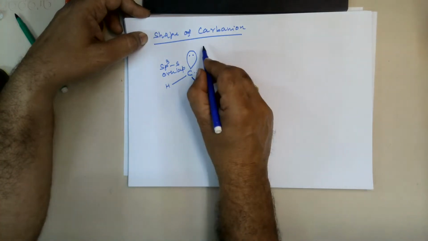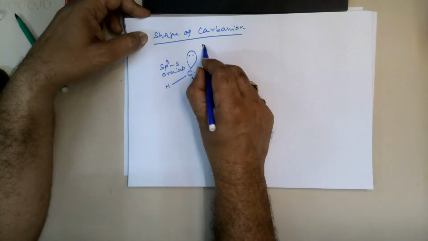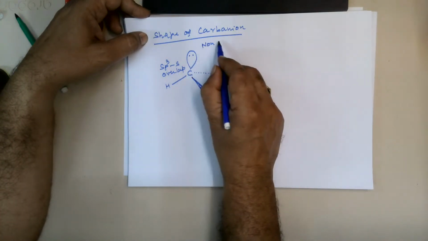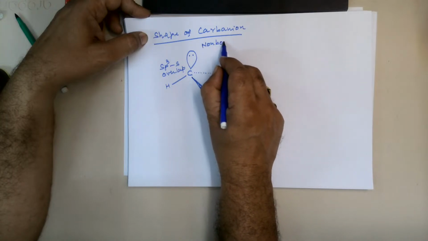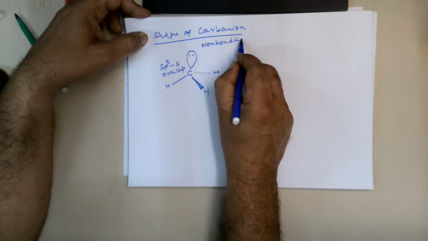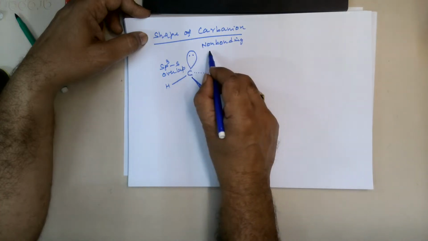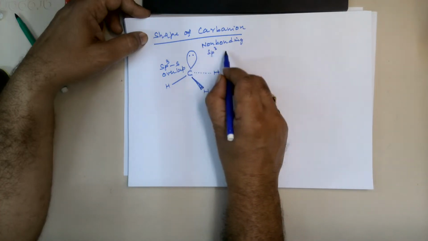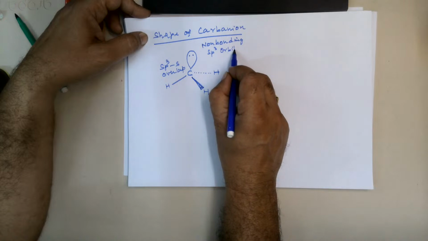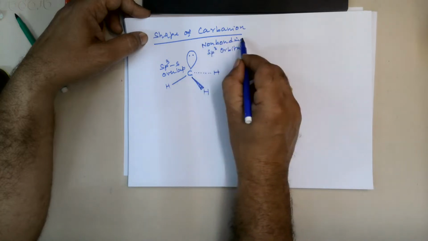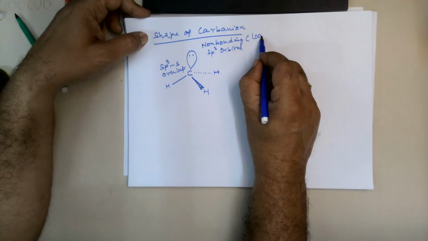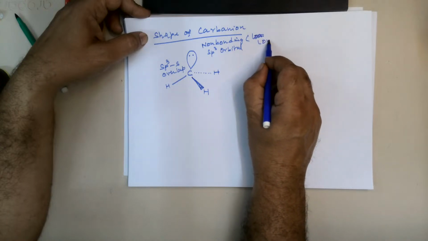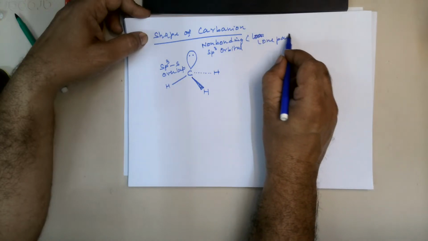This is called a non-bonding electron. It is not involved in bonding, so that is why it's called non-bonding. Non-bonding sp3 orbital. This non-bonding can also be called a lone pair.